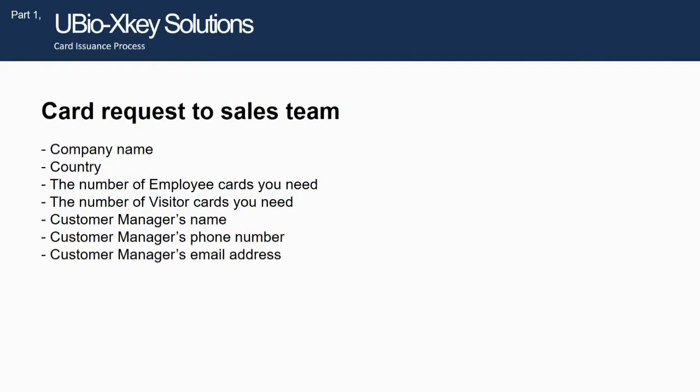Before talking about UBio Xkey solutions, in order to use this, you must fill out an application form with the sales manager. You need the company name, country, the number of employee and visitor cards you need, and the customer manager information to manage the UBio Xkey mobile card.